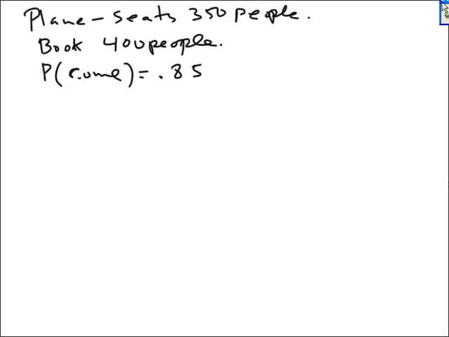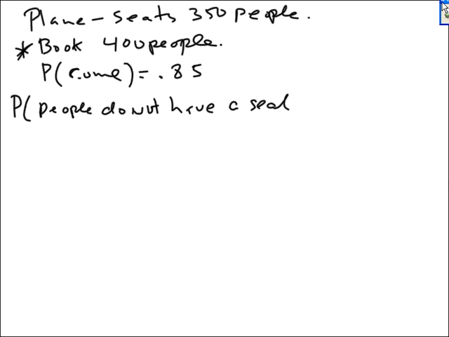So the question is, this particular airline has planes that seat 350 people, and their policy is to book 400. So what is the chances that they overbooked? What's the probability that people do not get a seat? People do not have a plane seat.